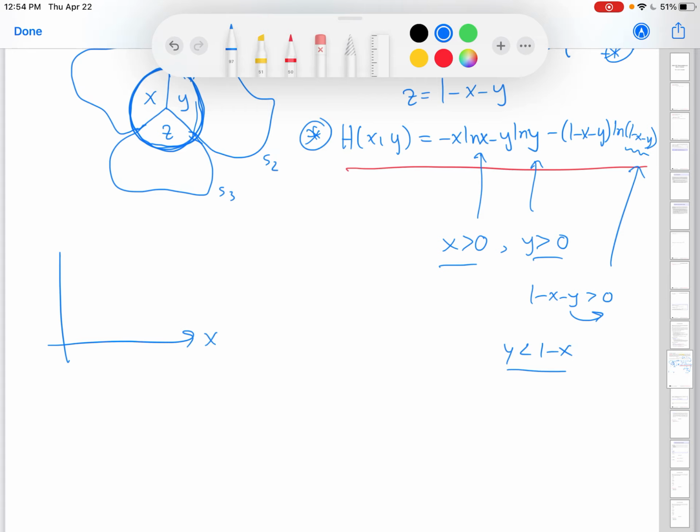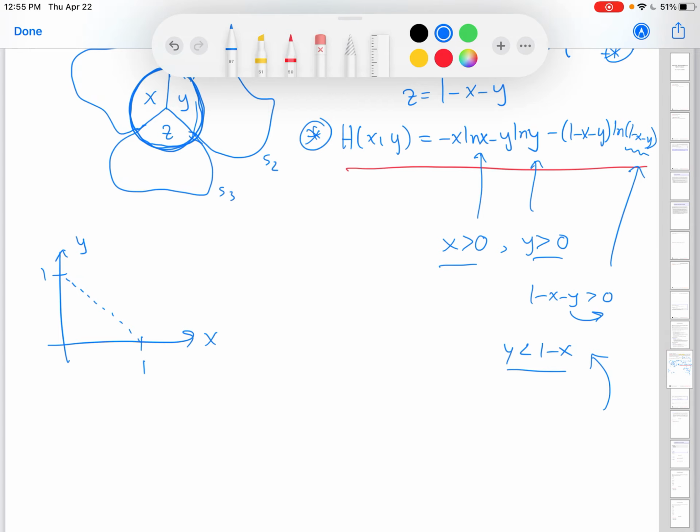So I'm going to go to the xy plane. If I look at y equals 1 minus x, that is this line here. And what I am seeing here is that the y values, as far as this problem is concerned, have to be less than 1 minus x. So they have to be below this line down here. They can't even be on the line. So to remind myself of that, I'm going to redraw this line as a dashed line, meaning I can't be on this line.